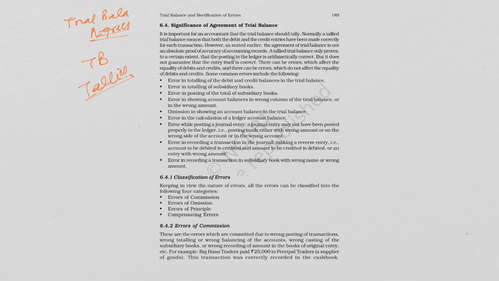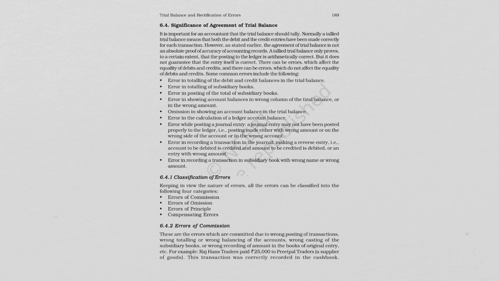But an important point to understand here is that the agreement of trial balance does not guarantee that all the accounts are correct. It only confirms the arithmetical accuracy of the ledger postings. Now let us understand what the agreement of trial balance indicates.